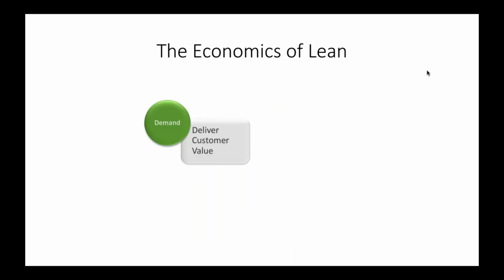Lean works economically by increasing the growth rate of revenue because you deliver value better than you as a company did in the past, and you're delivering it better than your competition. This leads to tremendous revenue growth.